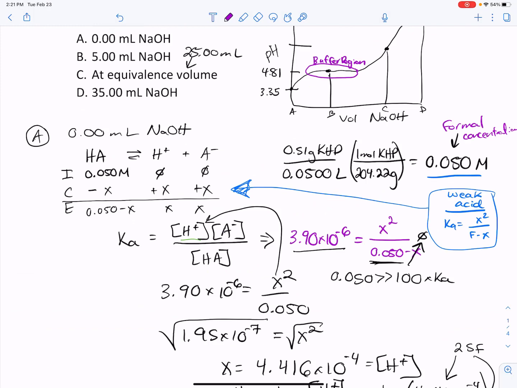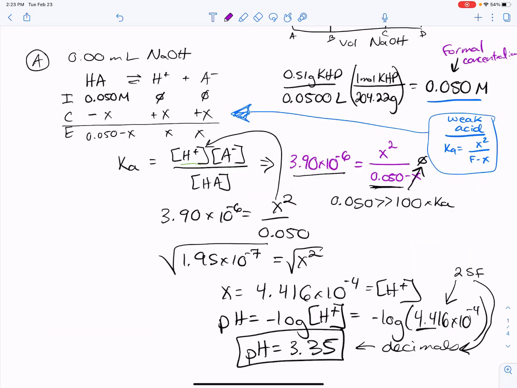So if we look back at part A, this was a weak acid problem. And a weak base problem is very similar to this weak acid problem that you see here, where instead of this reaction happening in this direction, it's going to happen in reverse, where your A minus reacts with water to produce, notice the equilibrium arrows here, HA plus OH minus.